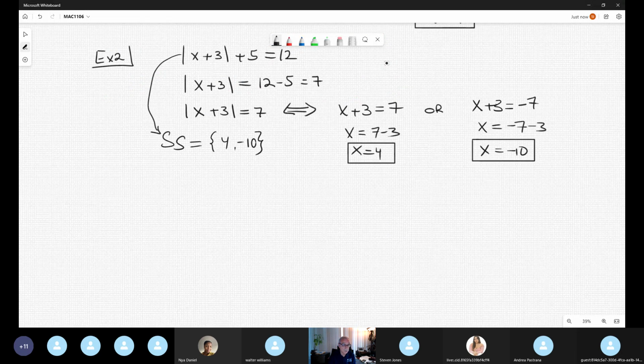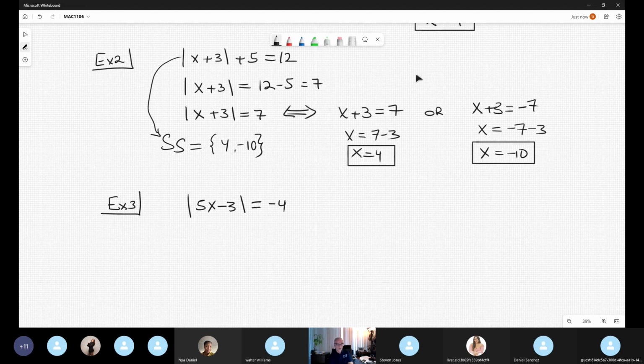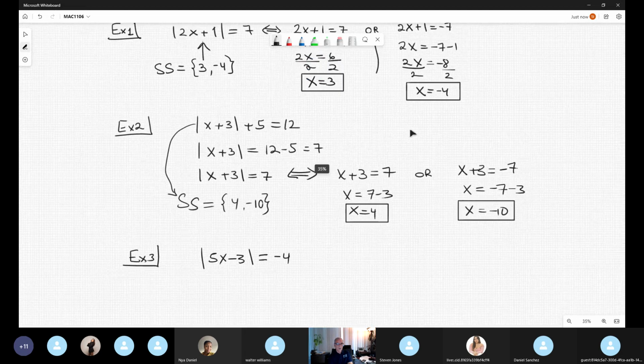Example 3, a new situation. Suppose absolute value of 5x minus 3 equals negative 4. Wow. No, there's something weird here.